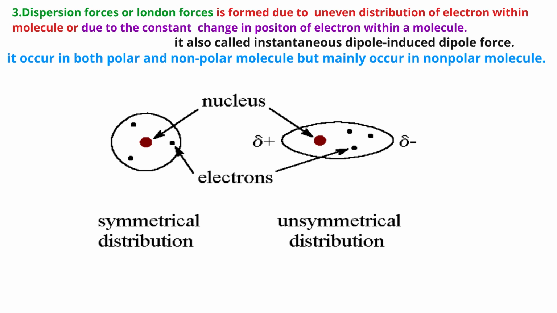On the left side, there is symmetrical distribution of electrons, uniform distribution of electrons. But on the right side, there is unsymmetrical distribution of electrons, uneven distribution of electrons. Therefore, there is polarity on the right side, but on the left side, there is no polarity.